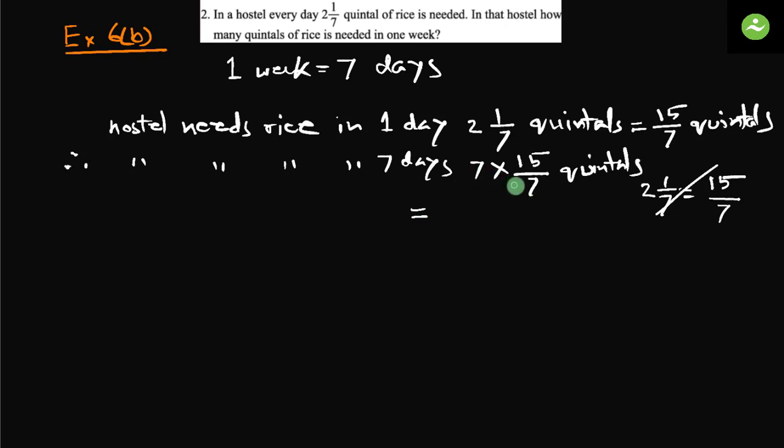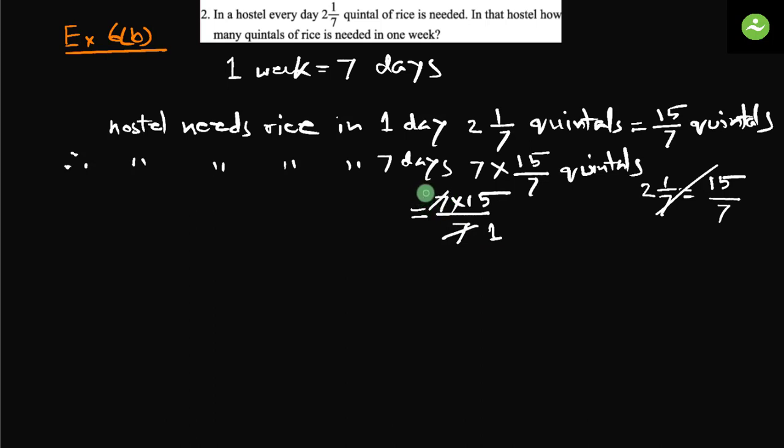Now when we multiply, we already know how to calculate. The denominator will remain 7, and the numerator will be 7 into 15. We can always reduce it by dividing by any number. Now can we divide both denominator and numerator by 7? Yes. Divided by 7 will be 1.